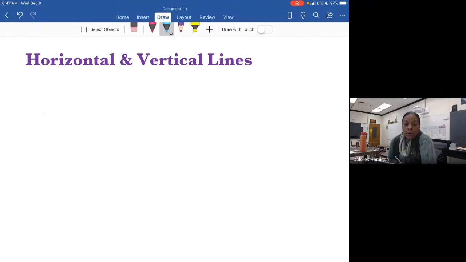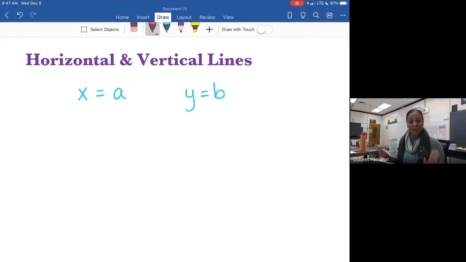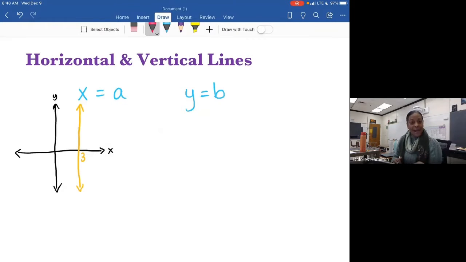When we work with horizontal and vertical lines in standard form, they don't change in terms of their appearance. So keep in mind, folks, vertical lines look like that yellow line. For example, that would be the line x equals 3.